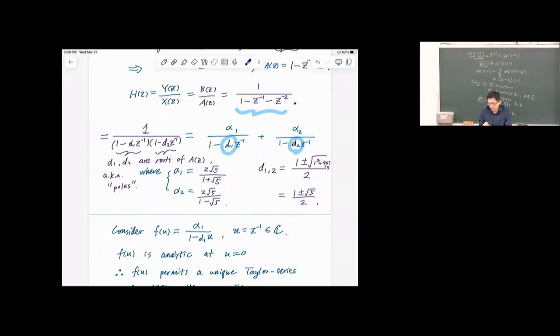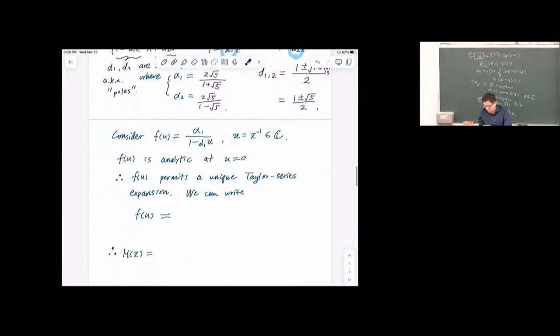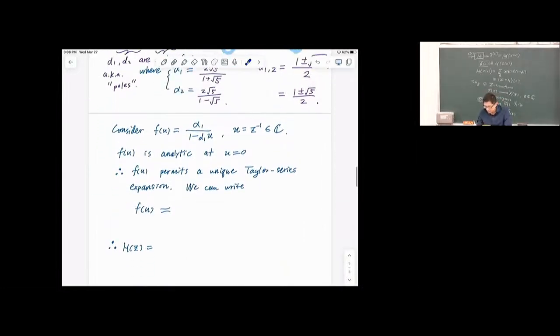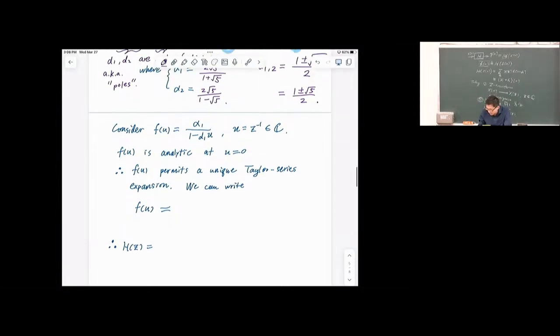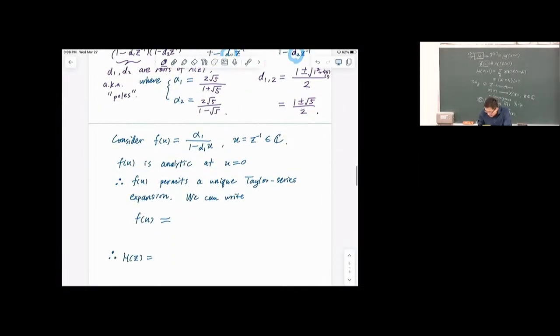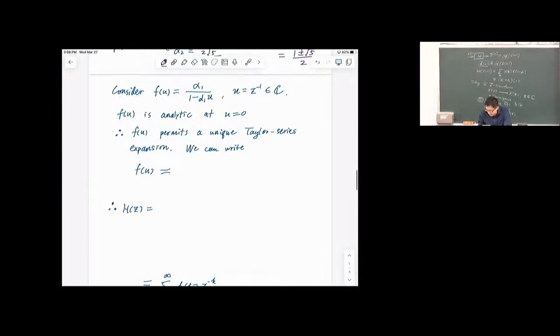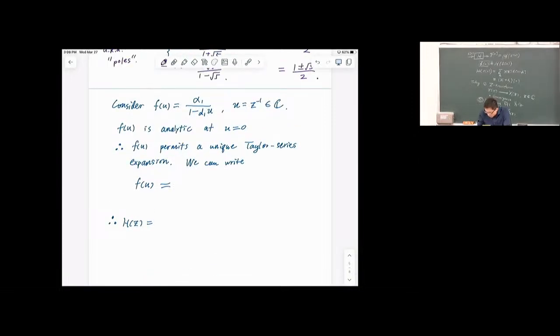We need to somehow go back to the time domain. And it turns out that, as an exercise, let me just jump ahead and say, we have two terms right here.